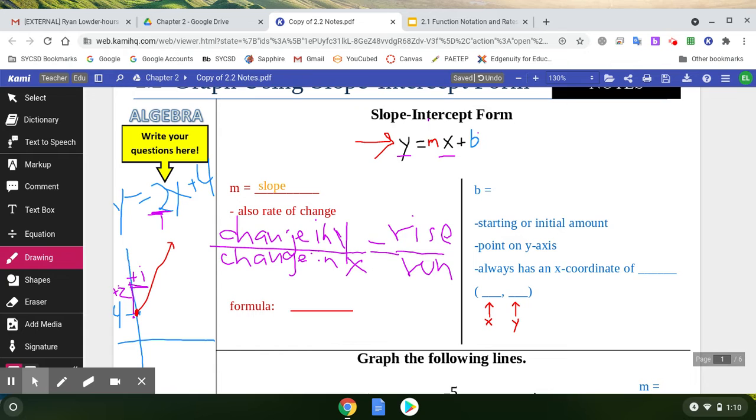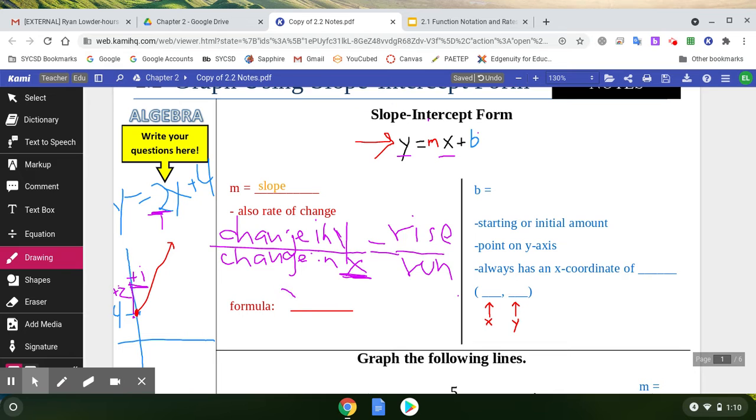So we say rise because the y-axis is vertical, so we're moving up or down, and run represents the x variable, which is horizontal, so we move left and right. We also have a formula to calculate rate of change, or slope, which you actually used in the warm-up question from today, comparing the cost to the number of pounds.